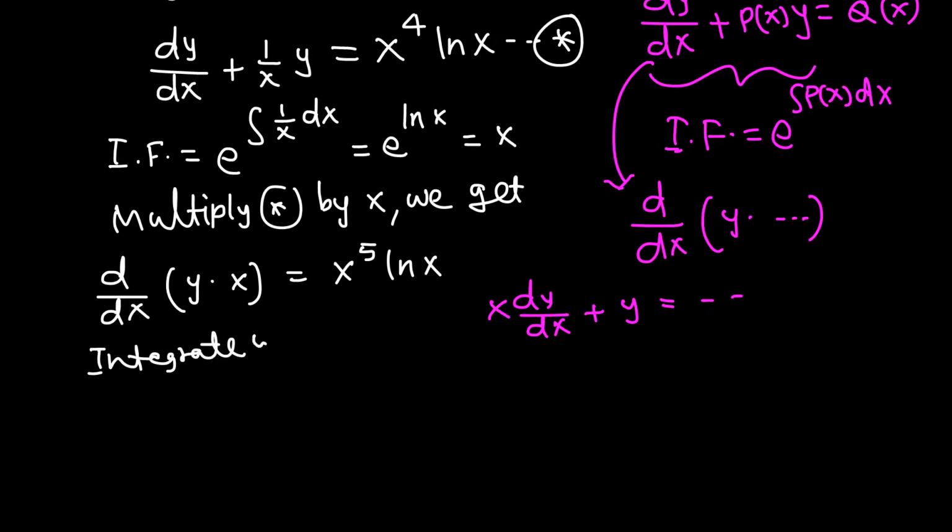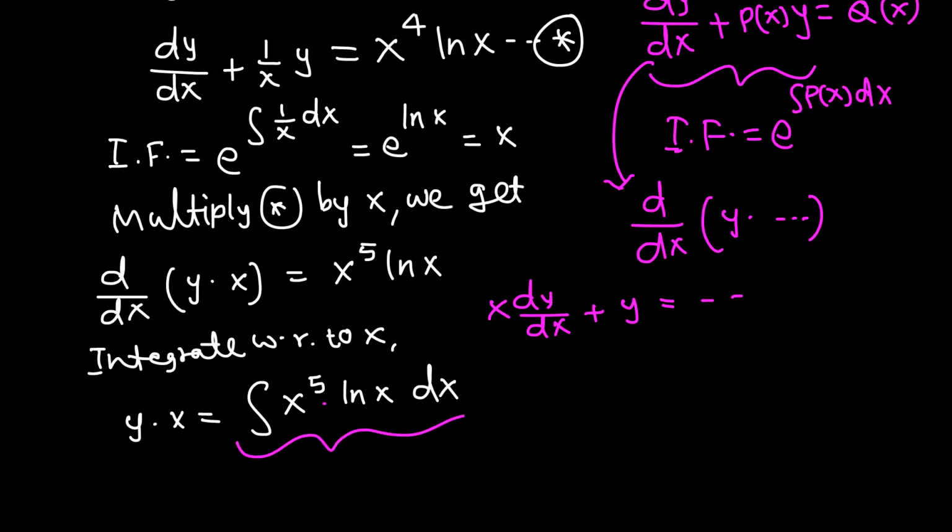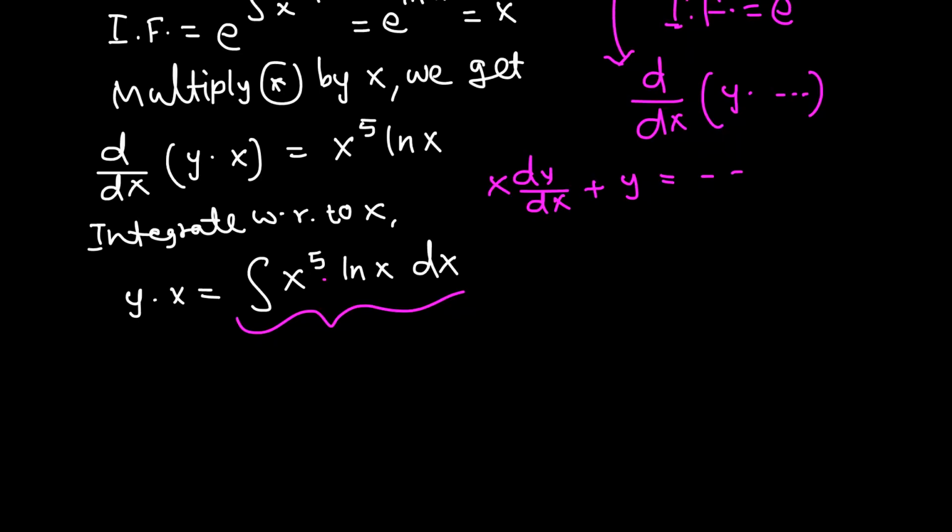Integrate with respect to x, then this one is just y times x, and on the right hand side we have the integral of x to the 5th times ln x dx.